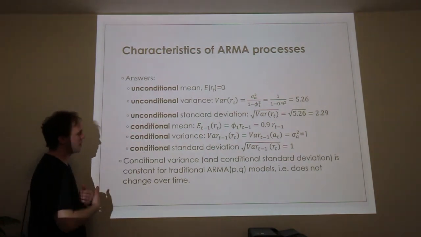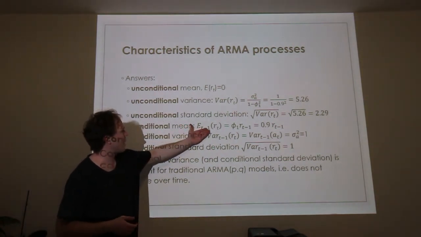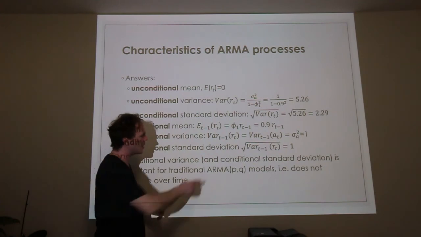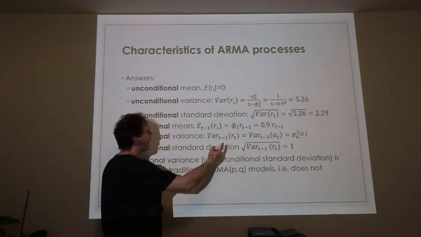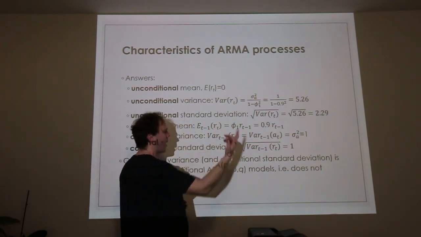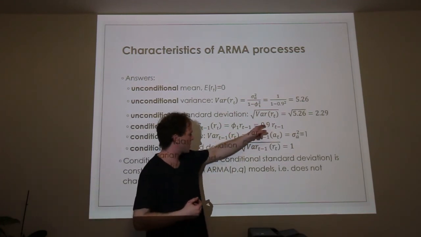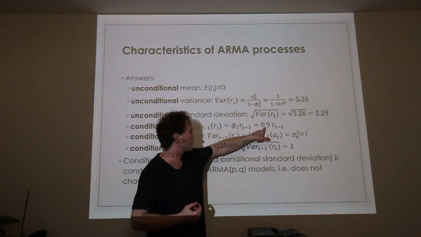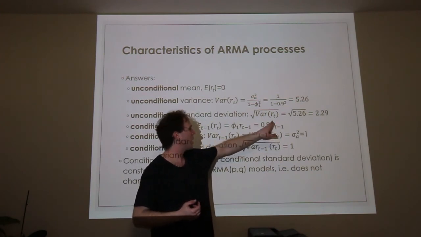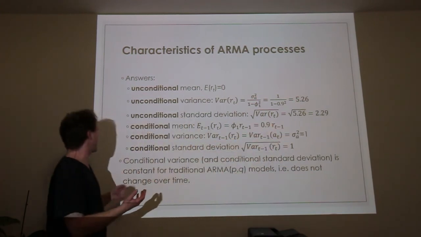The conditional mean, the expected value in time t minus 1 of r_t, is equal to phi_1 times r_{t-1}. In our situation, this is the strong coefficient 0.9 times log returns in time t minus 1.